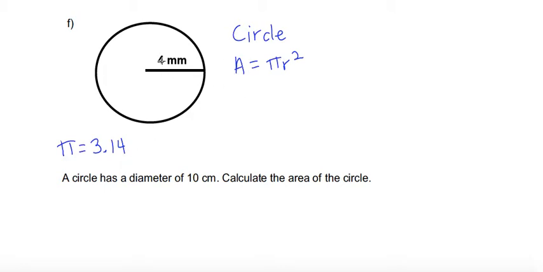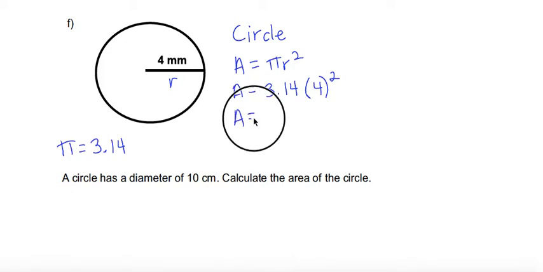So in this case, the radius is 4, because this length shows half of the width of my circle. So I'm going to use 3.14 and I'm going to times it by my radius, which is squared. It's important again that you follow BEDMAS when you are solving for the area of a circle.